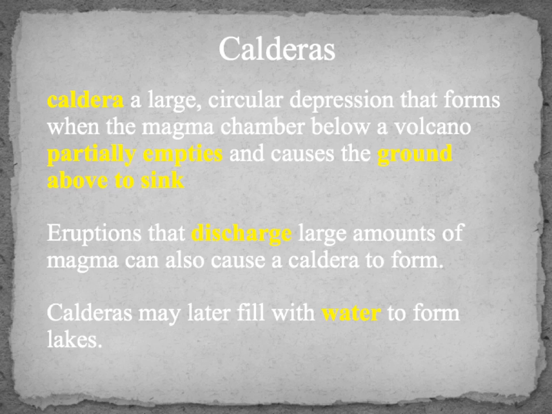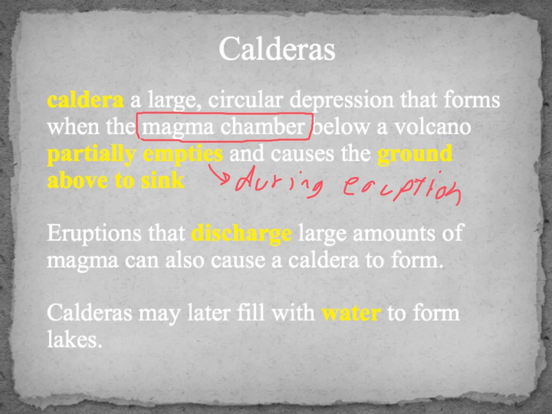The magma chamber is where the magma builds up in the volcano. When that partially empties during an eruption, a bunch of mass and weight is released or taken off of the ground, and so the ground starts to sink, and part of the reason for that is there's nothing supporting it underneath anymore.